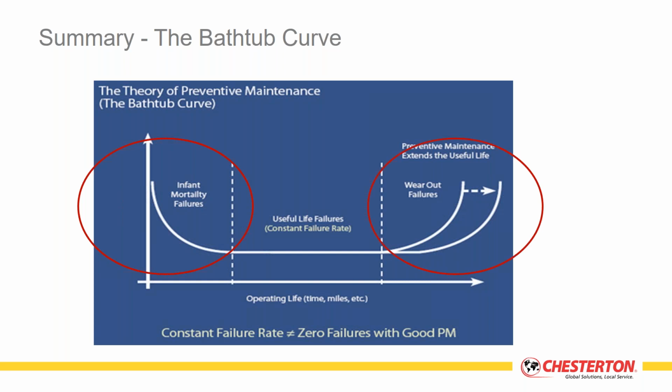On the other side of the bathtub curve, which is the wear out failure mode area, we can help to prolong the lifetime because of the lower coefficient of friction, because of the lower wear rate, and because of the longer elasticity and the elastic memory of the seal material.